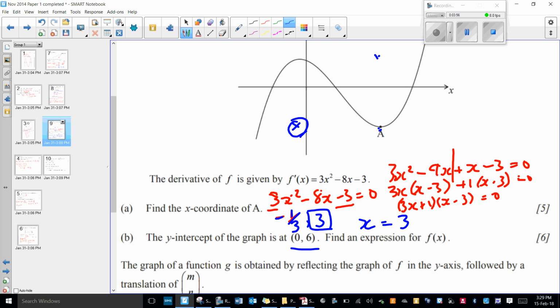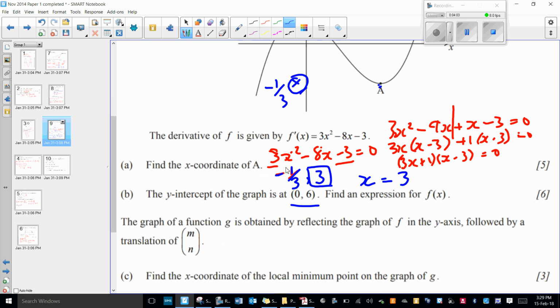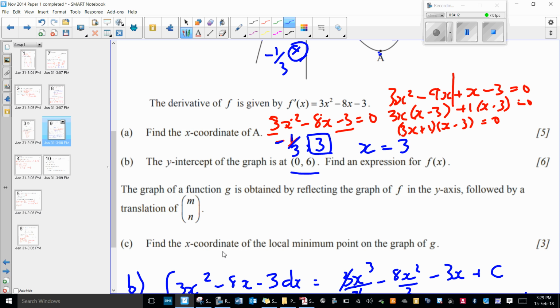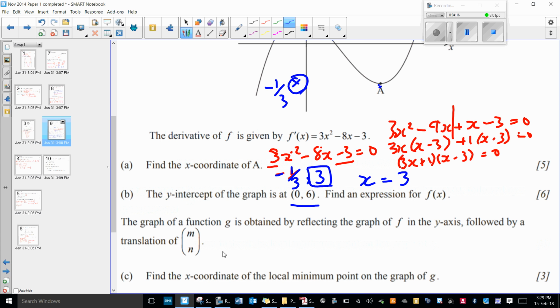So we said this coordinate was -1/3 originally. And then we've got a translation of (m, n). So m is going to tell us the horizontal movement, n tells us the vertical.